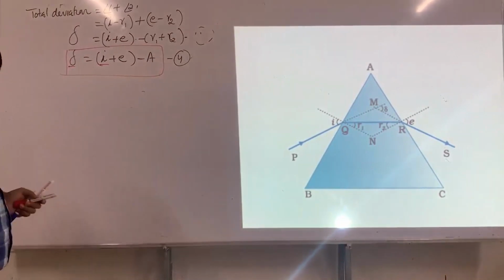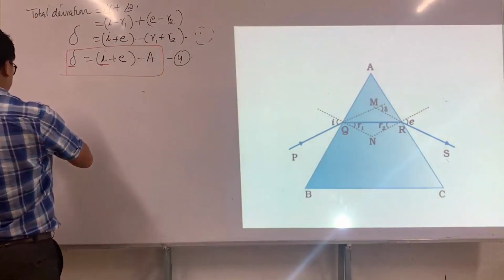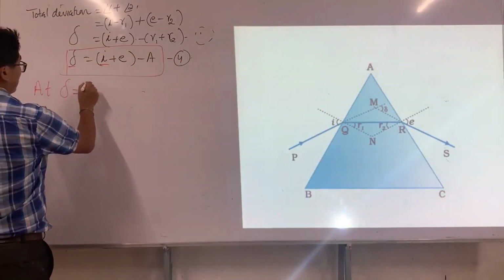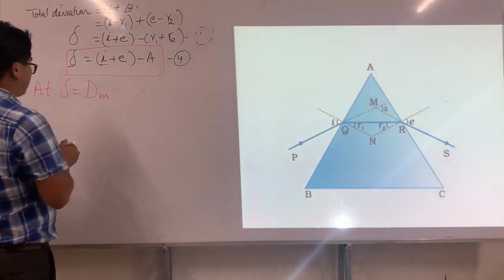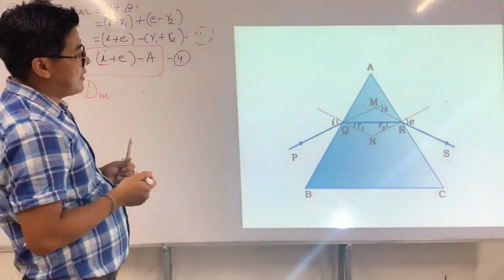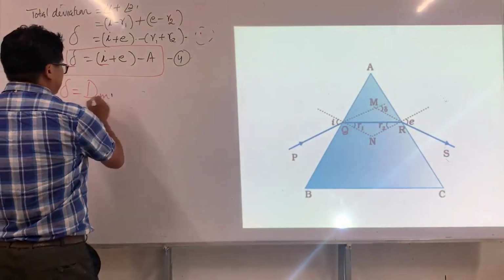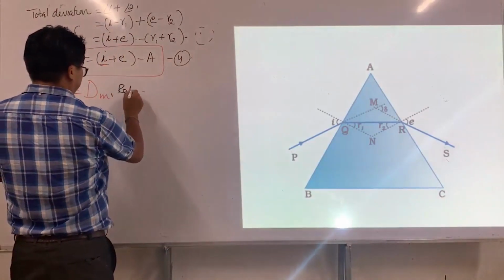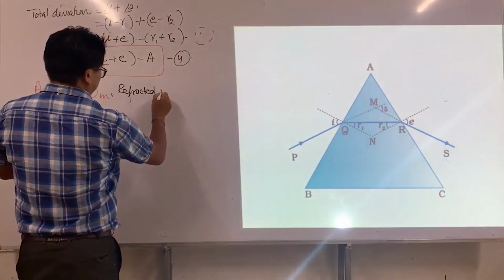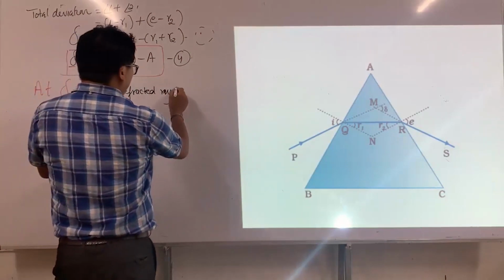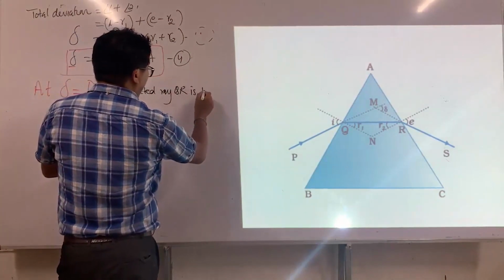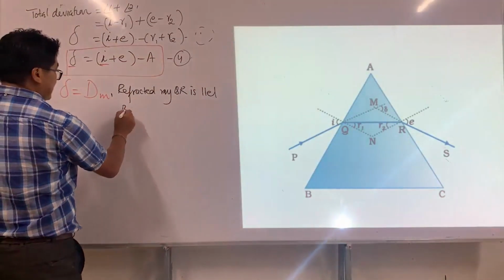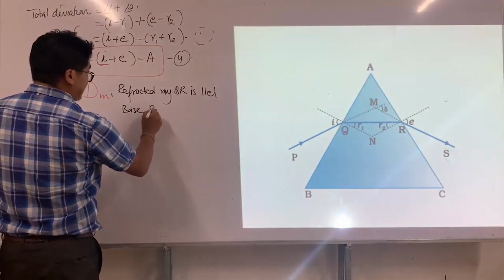At minimum deviation, the deviation is equal to the minimum, and then we say that the refracted ray QR is parallel to the base BC.